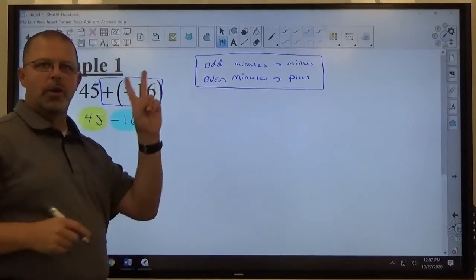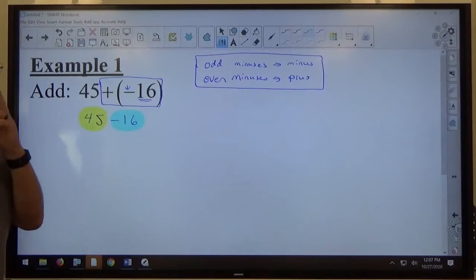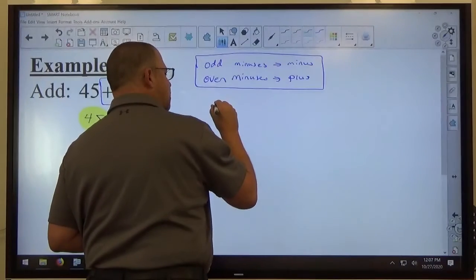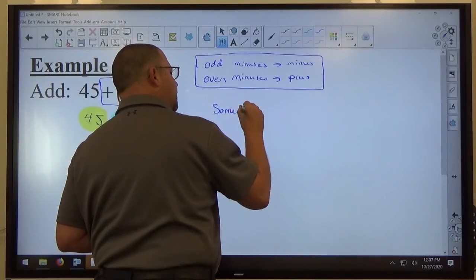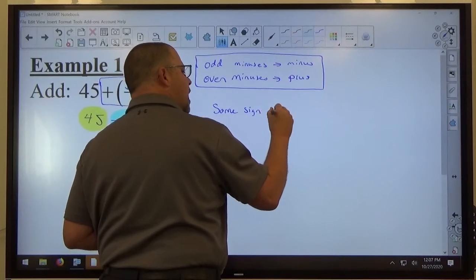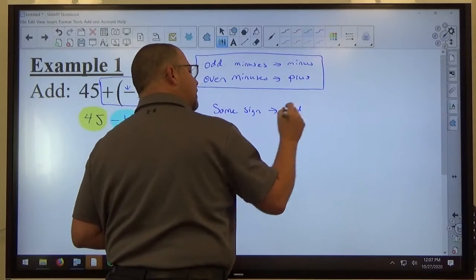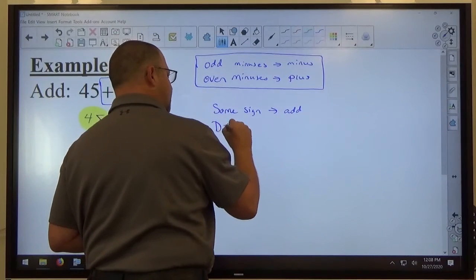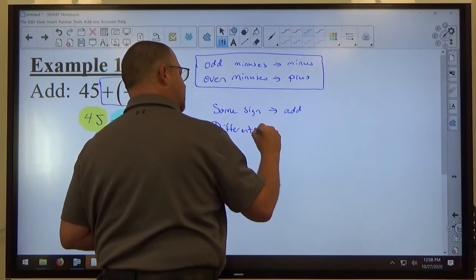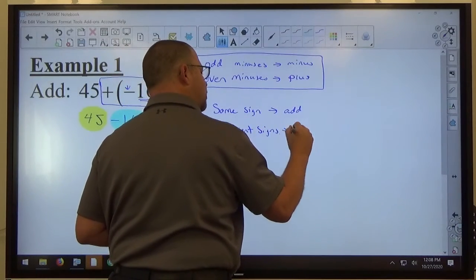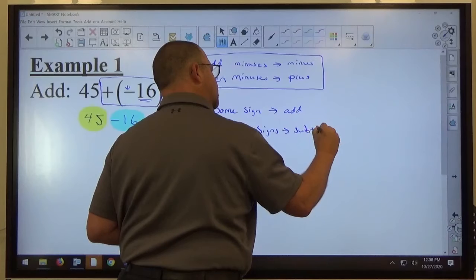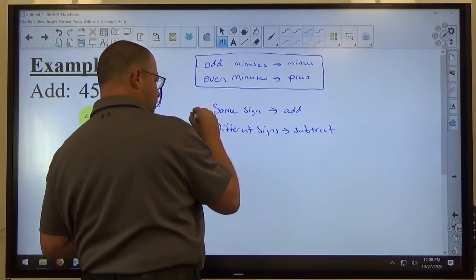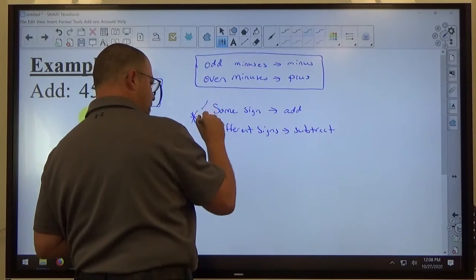If I'm looking at two numbers at a time, only two numbers at a time, if the same sign occurs, I'm going to add. If they're different signs, I'm going to subtract. So that's priority 1.